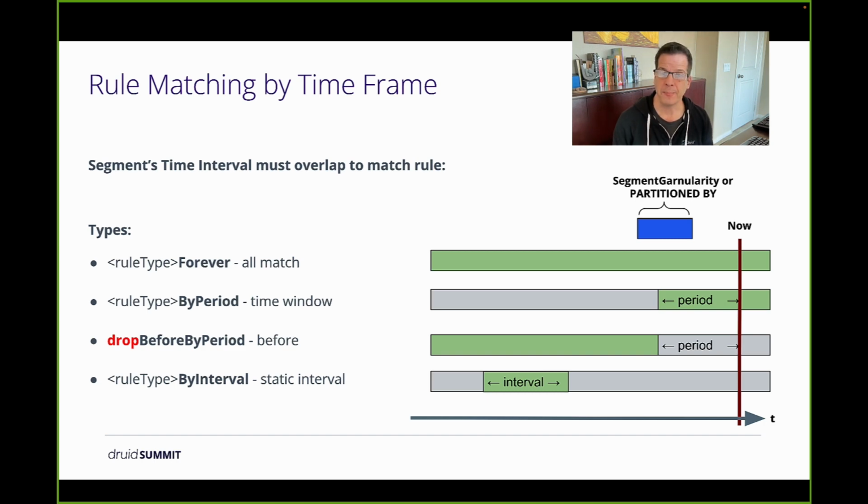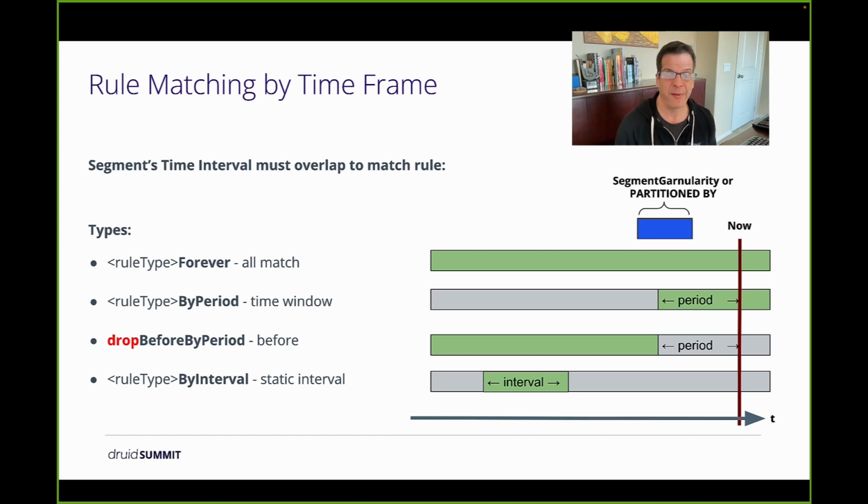In the case of by period, you define the length of the period. Like in the example we had before, we had P1M, which means 1 month. And you can say include future or not, whether you want to also cover any segments that have timestamps in the future. If the segment we're testing against overlaps, even a little bit, with the period expressed in green, the period that you're defining, the rule will match.